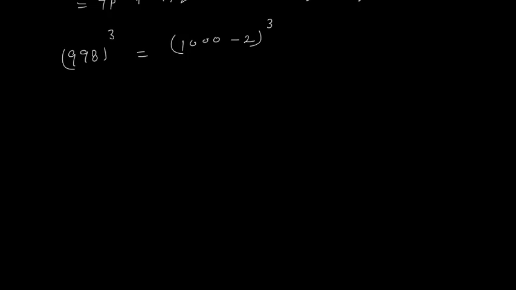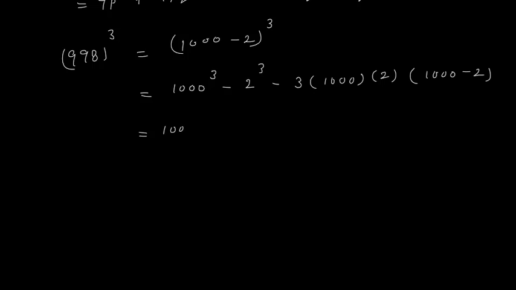A minus b the whole cube is a cube minus b cube minus 3 times a into b and bracket a minus b. So this becomes 1 2 3, then 1 2 3, then 1 2 3.